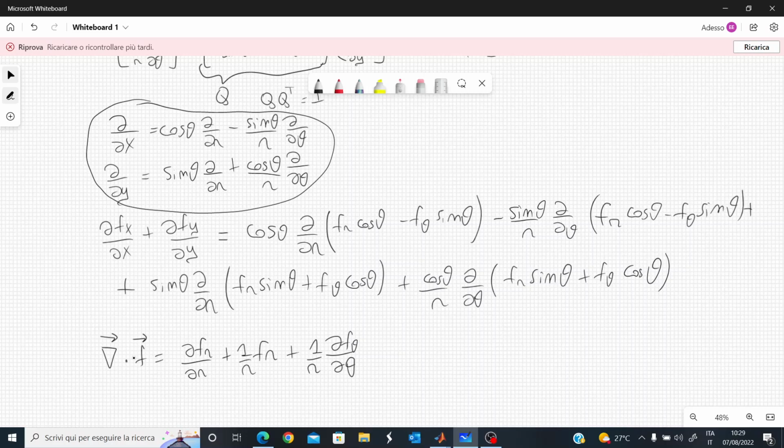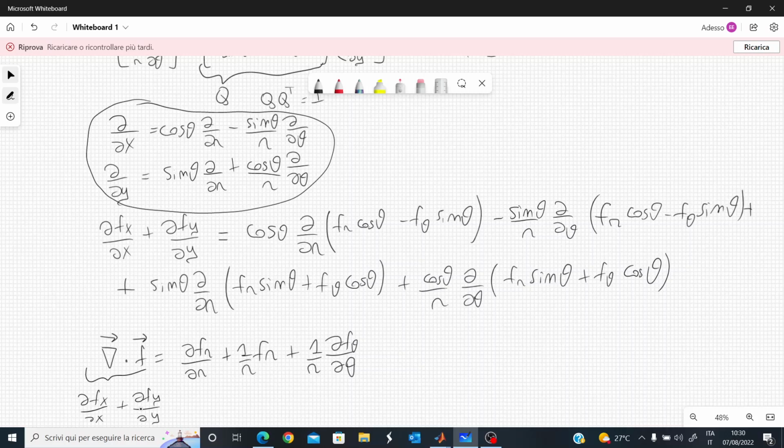In this case, the function f is simply fx and fy, so I'm considering a function with only two components. If you have fz and you want to rewrite it in cylindrical coordinates, here you simply put dfz over dz, like this, right? There is nothing major about it, but I'm considering this to be dfx over dx plus dfy over dy.